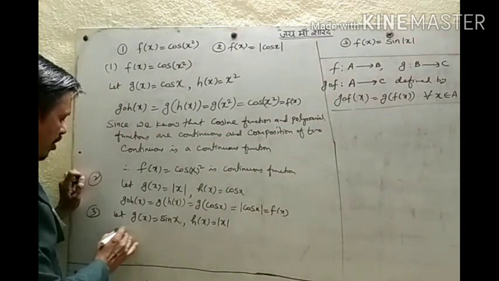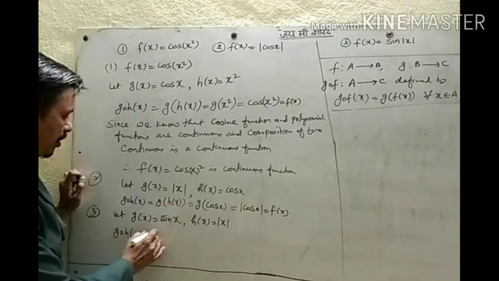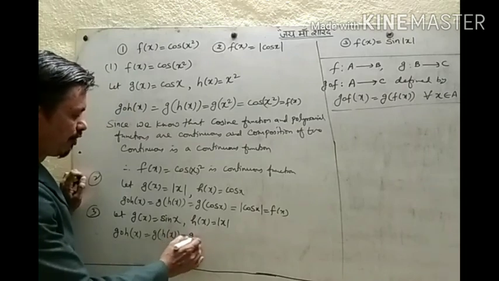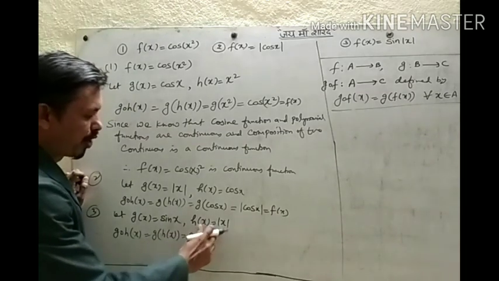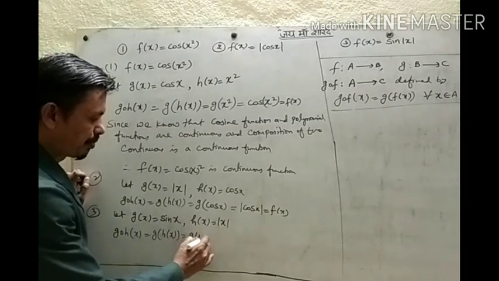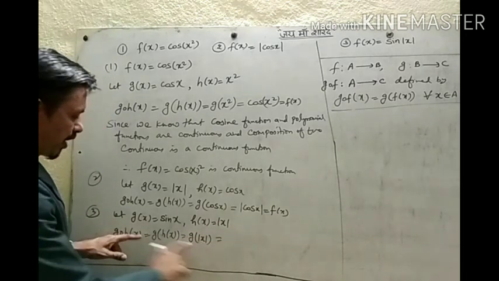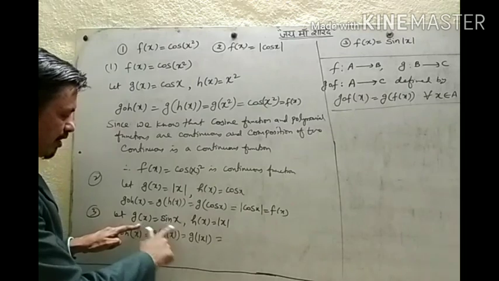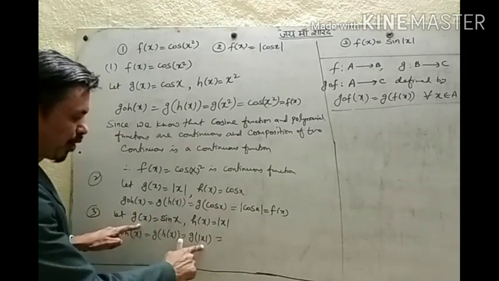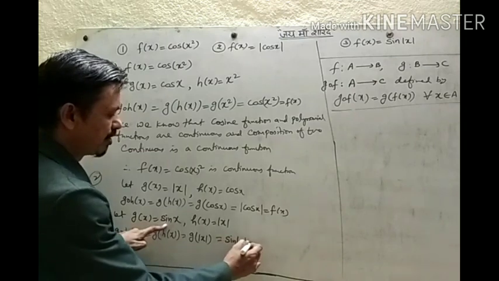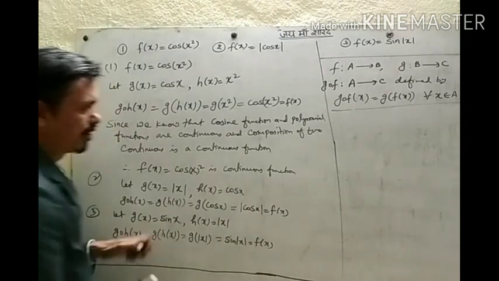Now the composition of g and h is g of h of x, that is g of mod x, where x is replaced by mod x, which is our f of x.